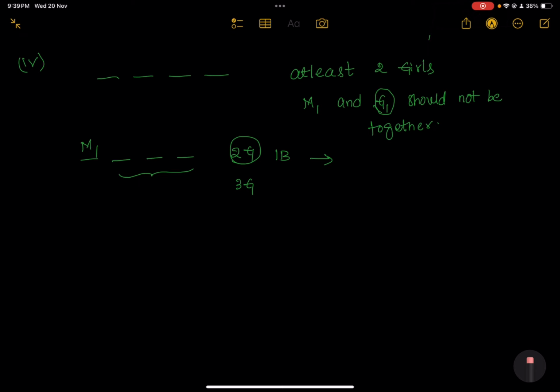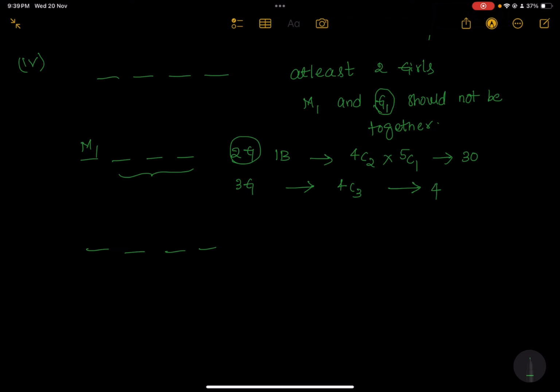So we have to choose 2 girls from the other 4 girls. So this can be done in 4C2 ways. And 1 boy we have to choose. M1 is already chosen, so from the rest of the 5 boys we have to choose 1 boy. And here we have to choose 3 girls, but we should not choose G1. So from 4 girls we have to choose 3 girls. This is 4C3. 4C2 is 6, 5C1 is 5. So this is 30. 4C3 is 4.